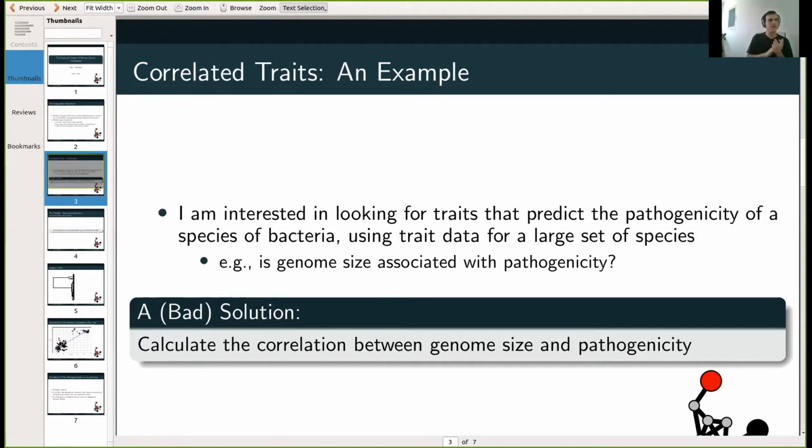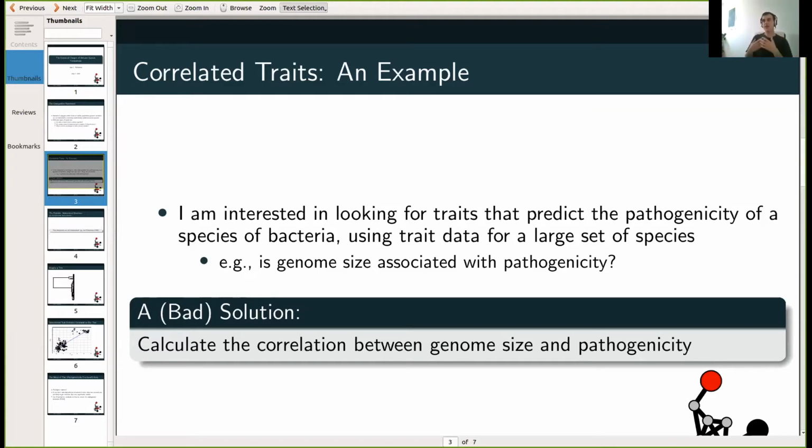And maybe for some reason I am convinced that genome size should be associated with pathogenicity. I don't actually know if this is true, I'm just thinking of two traits that people might be interested in. So I want to test the hypothesis that genome size is associated with the evolution of pathogenicity.